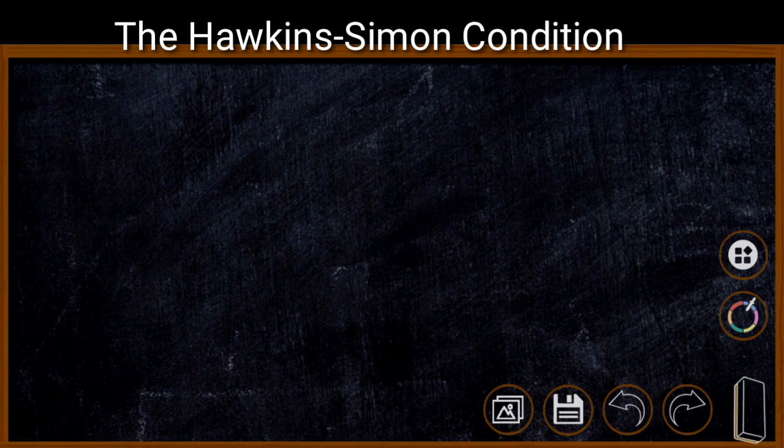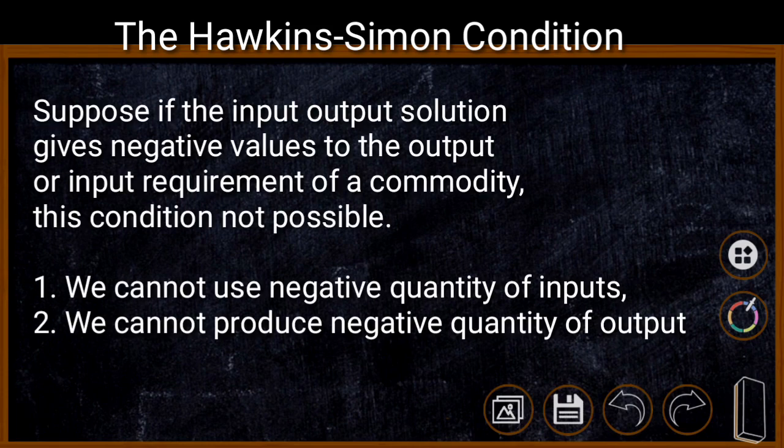In other words, suppose we are trying to solve simultaneous equations derived from the table. Initially we have derived various simultaneous equations from the table, and on the basis of those simultaneous equations we can solve the input output problem. Suppose the input output solution gives us negative values for the output of a commodity, that means the output required to produce a particular level of output by another sector may be negative.